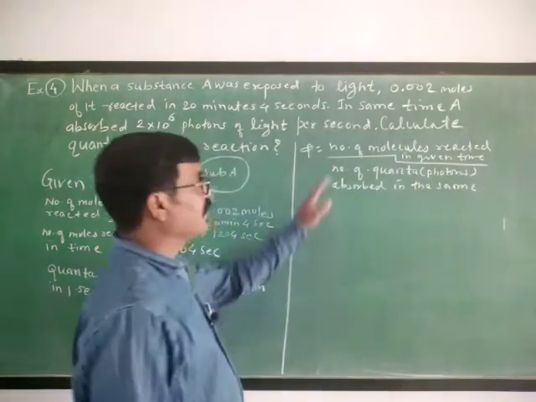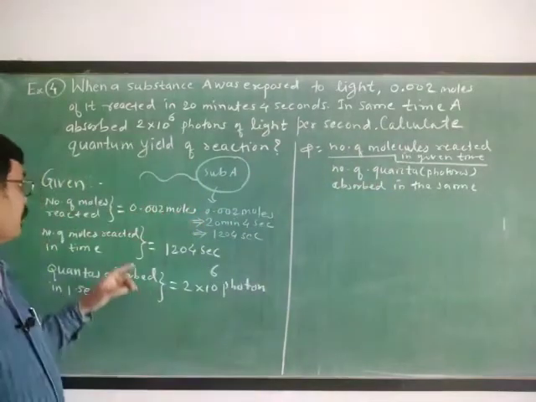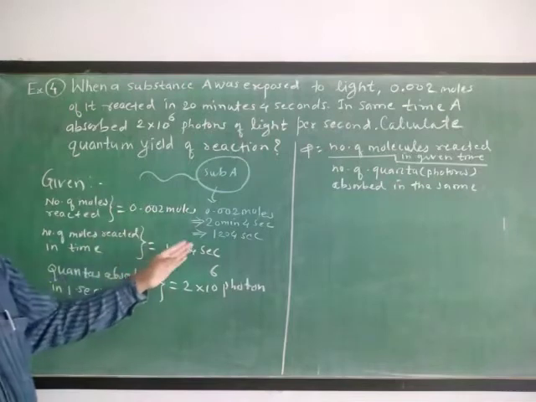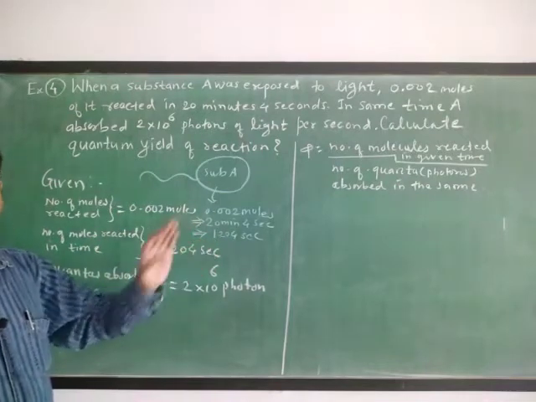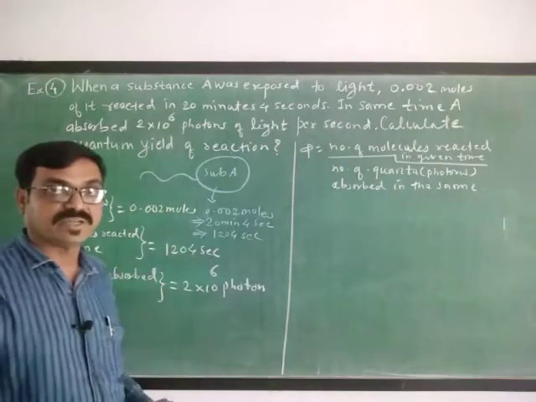Now first of all, calculate the number of molecules reacted in the given time. Number of moles reacted are given in 1204 seconds. You have to calculate the number of molecules. How can it be calculated?